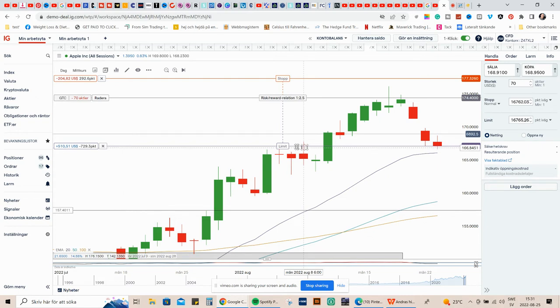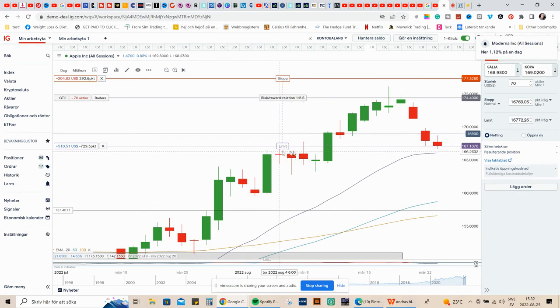This was the former resistance level, which is today's support level. This level is not major, but it is somewhat of a major support and resistance level. So I took my take profit level here because it's aligned with the candlestick bar here and with the support resistance level.